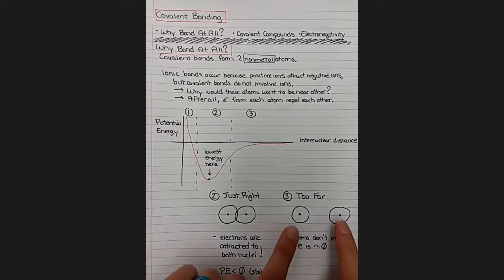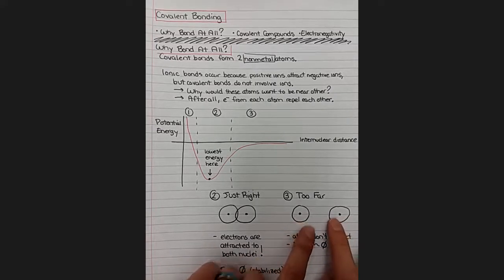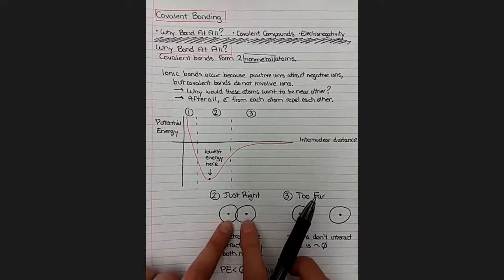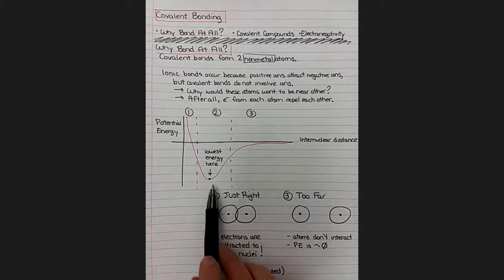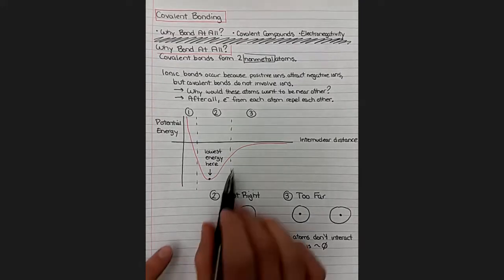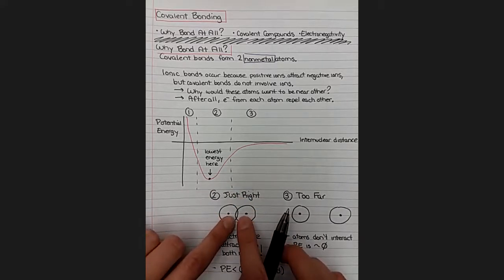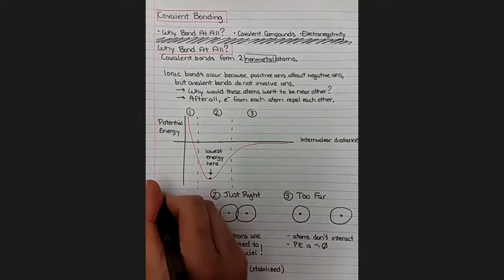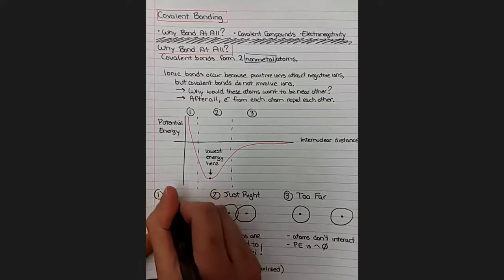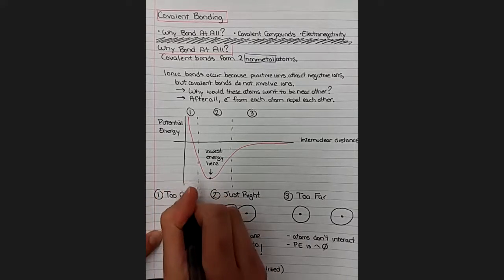So as we move the nuclei closer and closer together, the electron clouds start to overlap, and at some point they reach a distance that's just right that gives the minimum amount of energy. If we were to keep going, if we were to push the nuclei even closer and even closer together, eventually we reach a distance that is simply too close.